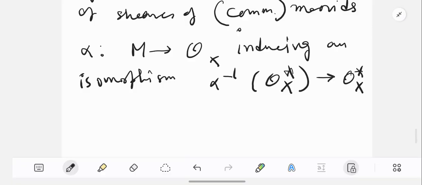Okay, so this is how we define a log structure. We will elaborate this definition in some future lecture.